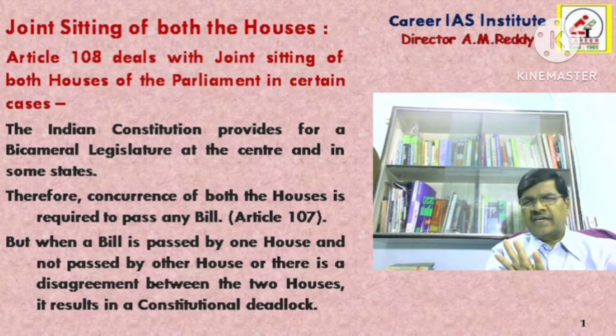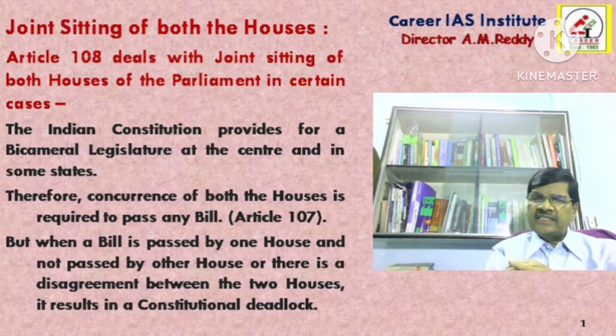No action is taken or rejected. That situation is called not passed by the other house, or there is a disagreement between the two houses, and it results in a constitutional deadlock.